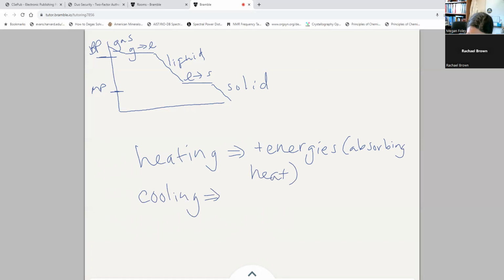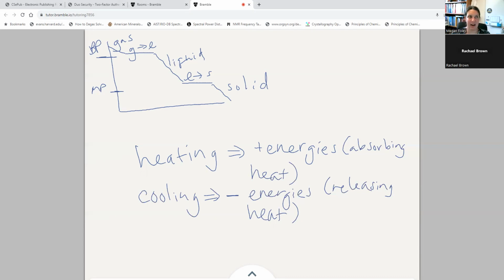So this is going to be negative. So we're going to have negative energies. So that's the real difference between our heating and cooling curves.